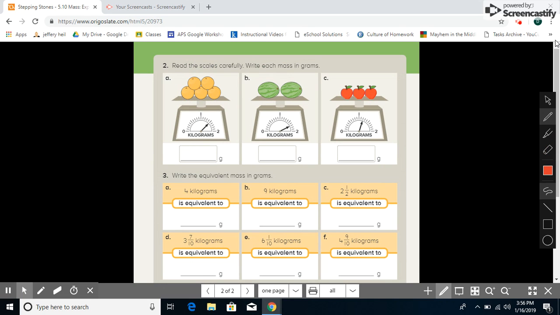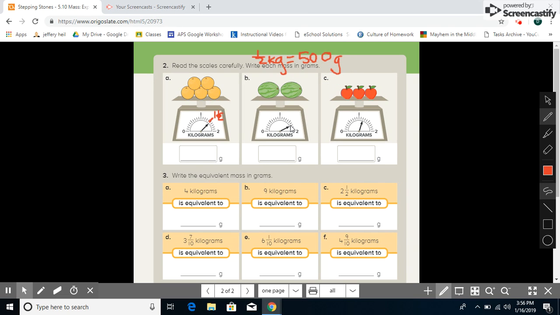Going on to the next page, we're still dealing with scales. Remember, this middle line is 1/2, so this would be 1.5 kilograms, and 1/2 of a kilogram is 500 grams. So keep that in mind.